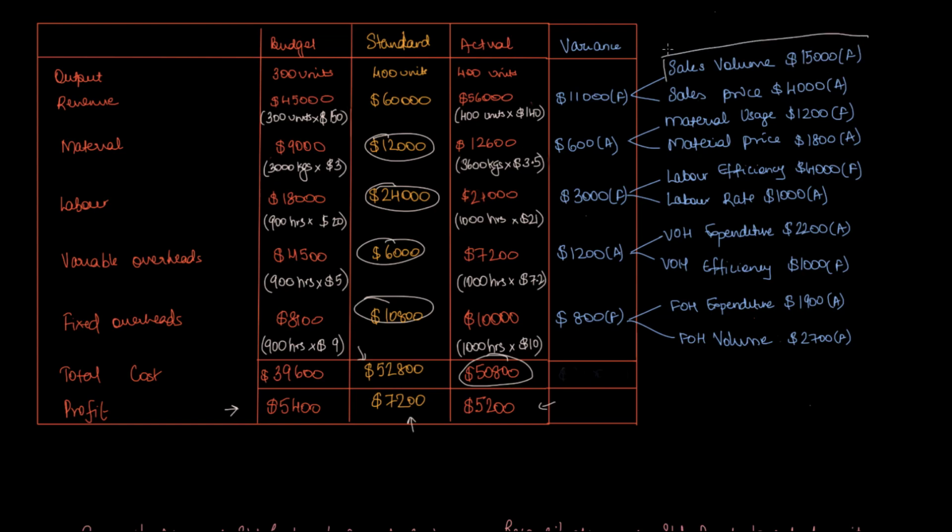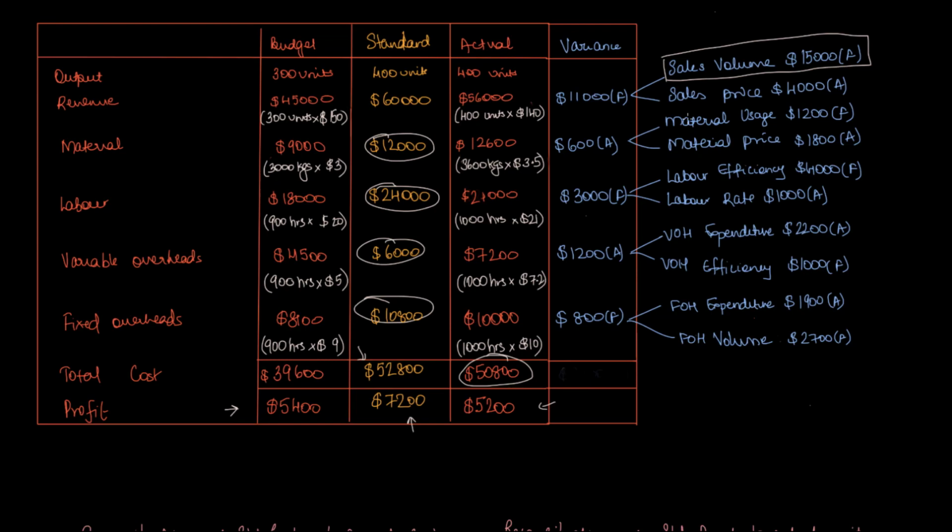Now if I talk about sales volume variance, what is that? It is the variance in the revenue because of difference in quantities produced and sold. So here the management budgeted 300 units but actually produced 400 units. The extra 100 units produced and sold, that led to a favorable variance of 15,000.